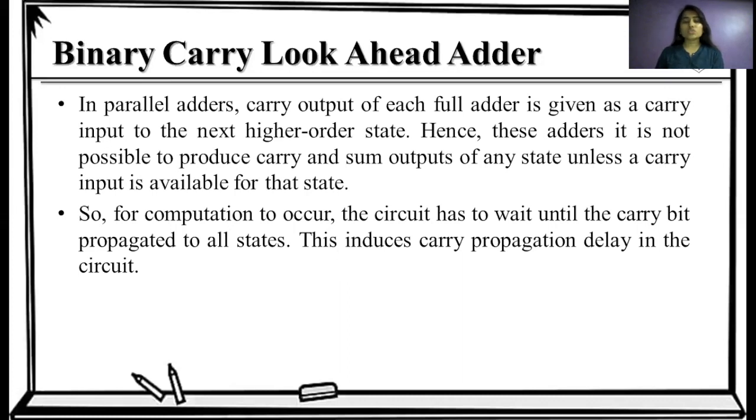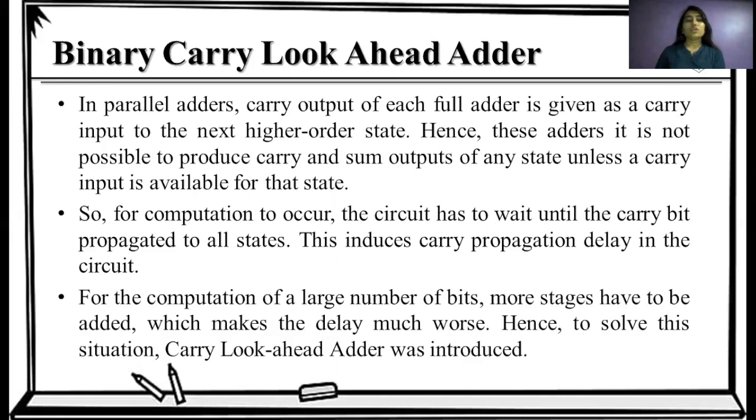This induces carry propagation delay in the circuit. For the computation of a large number of bits, more stages have to be added, which makes the delay much worse. Hence, to solve this situation, we have a carry look ahead adder.